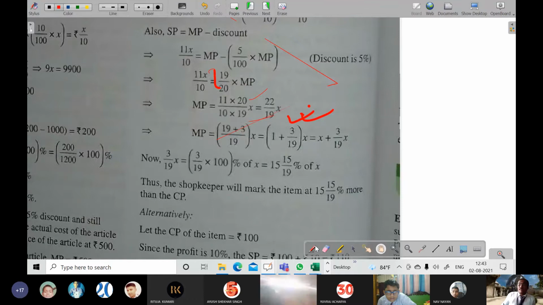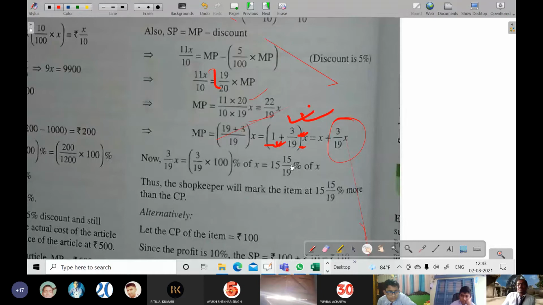Because 1 will be representing CP and this extra fraction will be representing profit. So profit is 3 by 19x or 3x by 19. So profit percent is equal to 3x by 19 into 100%. That means 3 by 19 into 100% of x, that is 15 by 19% of x. So here it has been written, thus the shopkeeper will mark the item at 15 by 19% more than the CP.